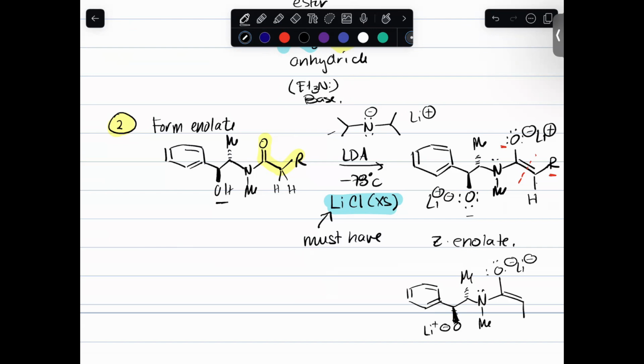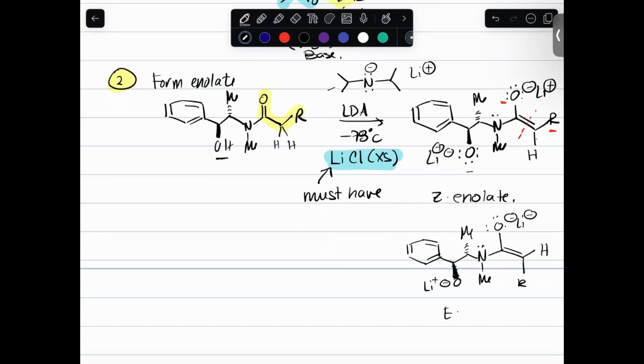So this is the E-enolate. And just like with David Evans oxazolidinones, you've got sterics, right? You don't want those sterics, so the E-enolate isn't favored. It's the Z-enolate that's favored, okay? Same thought process as with Evans oxazolidinones.